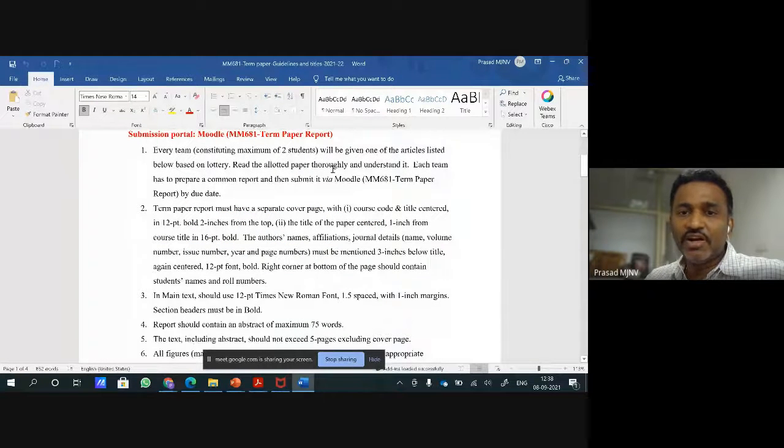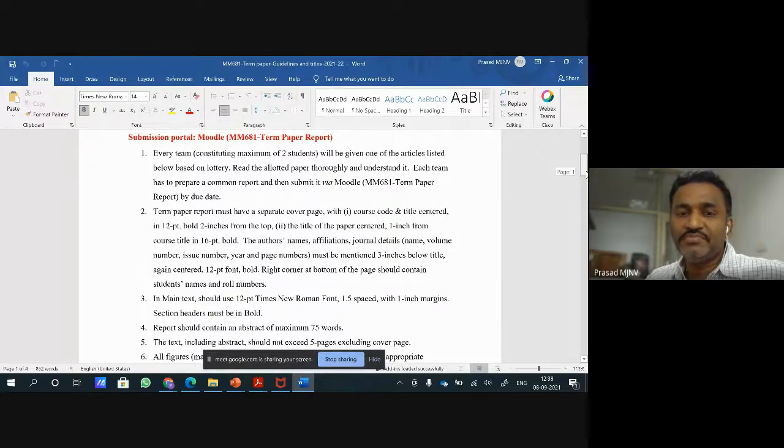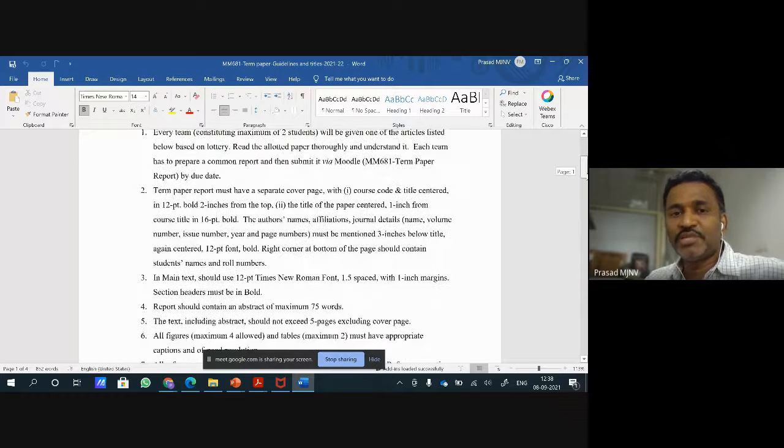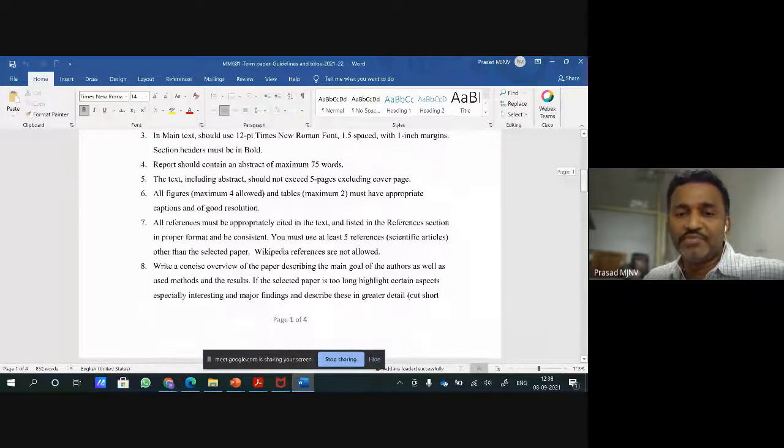Read the allotted paper thoroughly and understand it. Each team has to prepare a common report. Both of you submit the same report in Moodle, so it is easy for me to give marks.